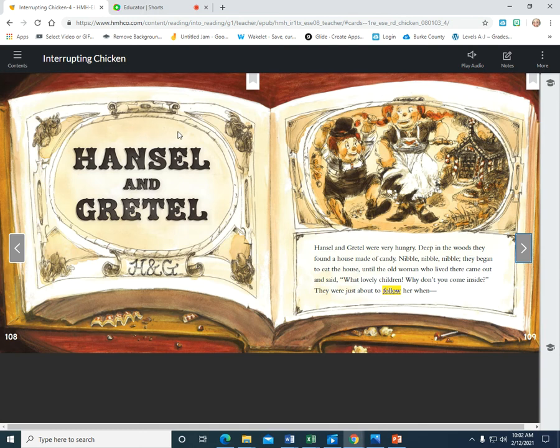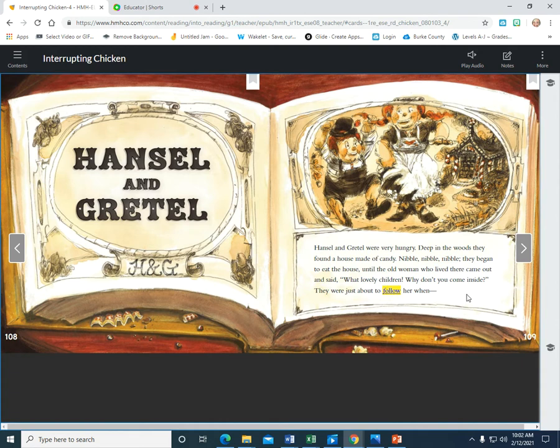So this is the story that Papa starts to tell, Hansel and Gretel. Hansel and Gretel were very hungry. Deep in the woods, they found a house made of candy. Nibble, nibble, nibble. They began to eat the house until the old woman who lived there came out and said, "What lovely children!